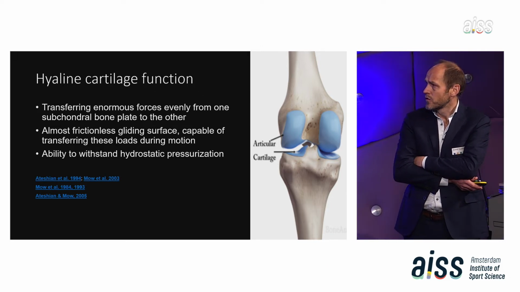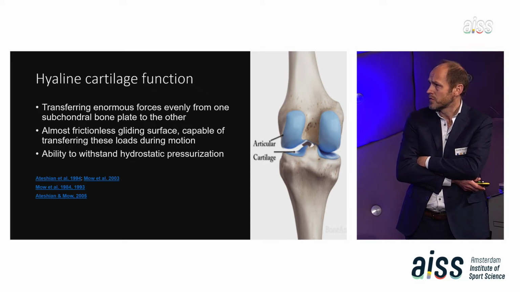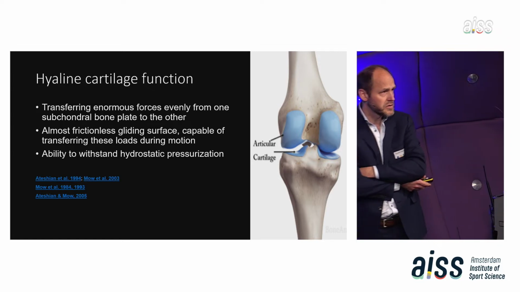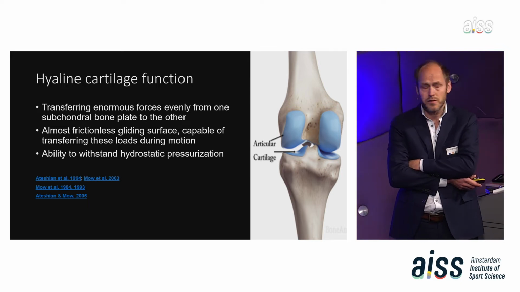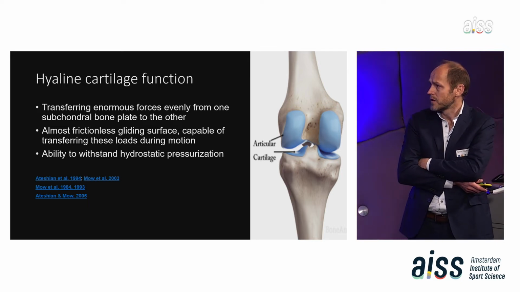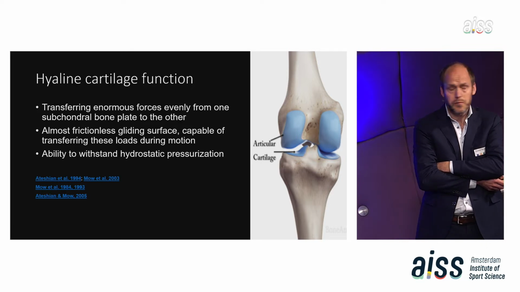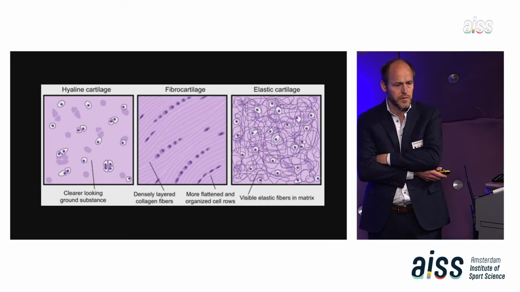It's transferring enormous forces, multiple times the body weight over the joint from one bone to the other, and it's doing it without friction. There's almost no artificially made substance that can do what cartilage can do, frictionless motion transfer, and its ability to withstand hydrostatic pressurization, which makes it an awesome sort of tissue, but also a troublesome sort of tissue.